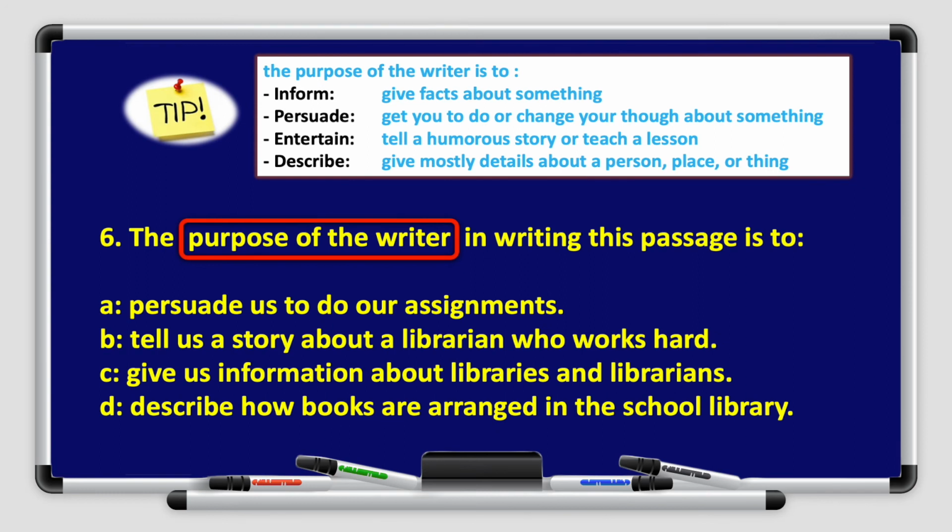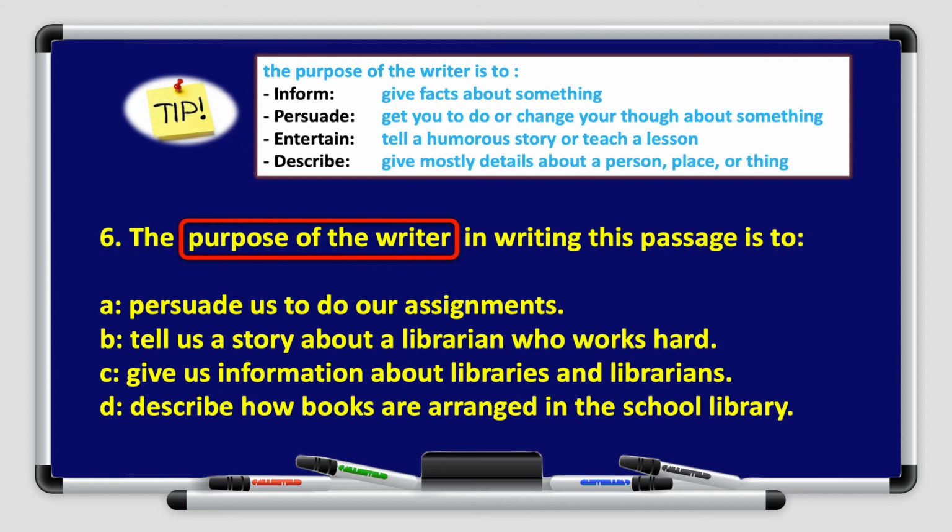Number 6, the purpose of the writer in writing this passage is to, is it A, persuade us to do our assignments, B, tell us a story about a librarian who works hard, C, give us information about libraries and librarians, D, describe how books are arranged in the school library. Before we answer, what do I mean by the purpose of the writer? We have a tip above the question. If the writer is giving you facts about something, he is informing you, so it is to inform.